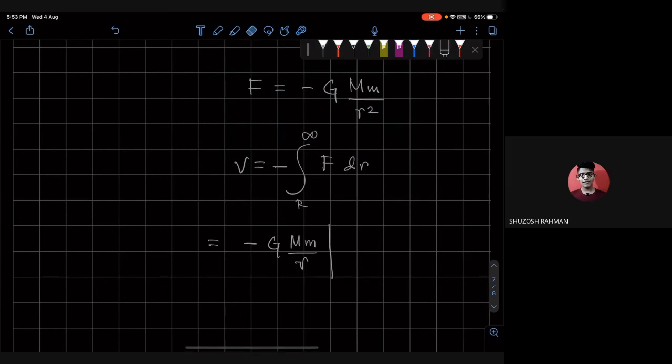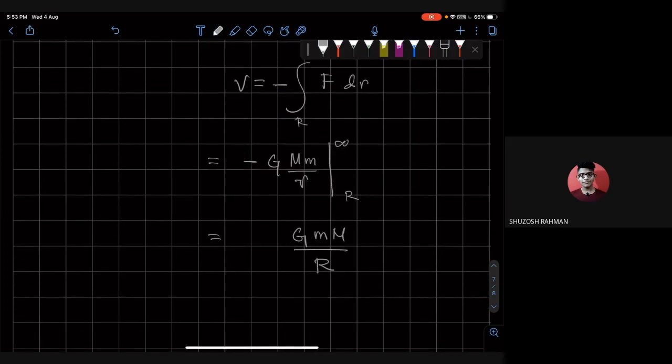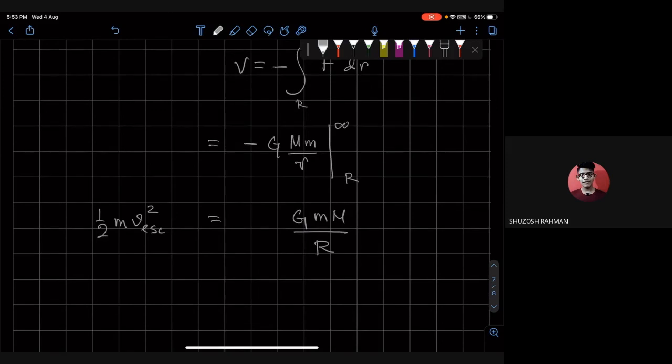I don't want to spend too much time on it, but if we do this, then of course we are doing work, and then we get minus minus plus G M m over R, right? And then what we did is that we said this is going to be half m v escape squared, right? And then what is this?